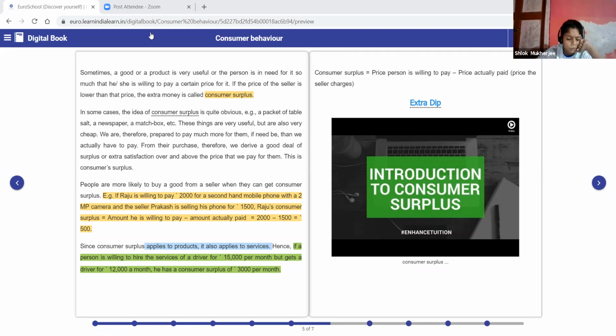Area of a triangle. Half into 3,200. No, I'm just asking the formula. I am not asking you to start calculating. I'm just asking what is the formula for the area of a triangle. Base into height, ma'am. Yes, base into height is the formula for calculating the area of a triangle.